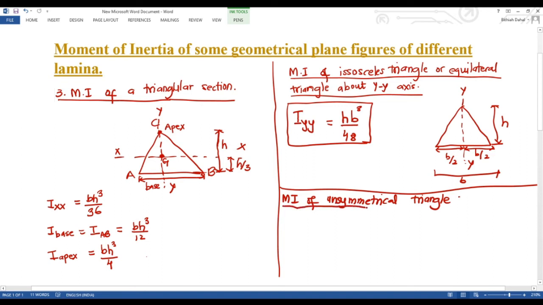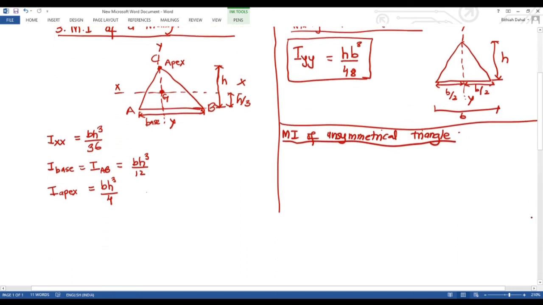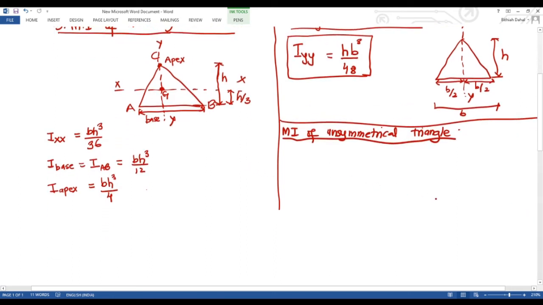Unsymmetrical means all three sides are different. Okay, let me draw the unsymmetrical triangle. So all three sides are not the same, they are all irregular, they are all different.